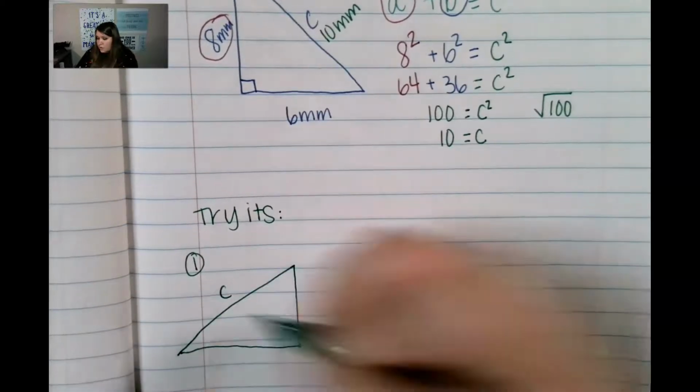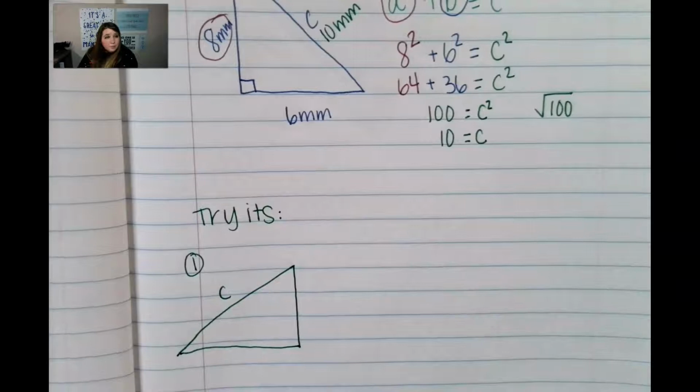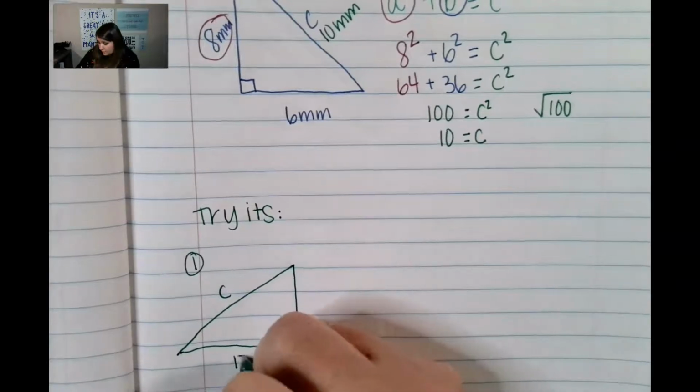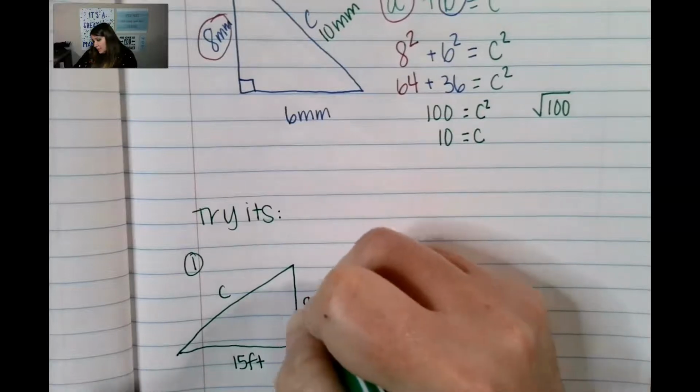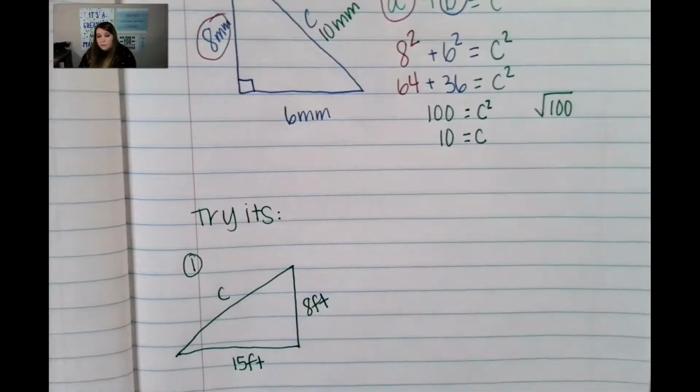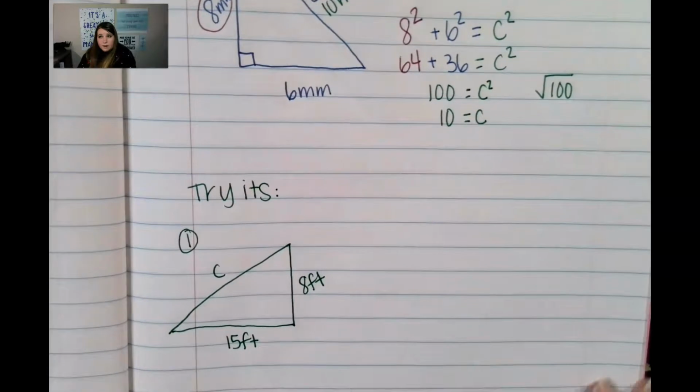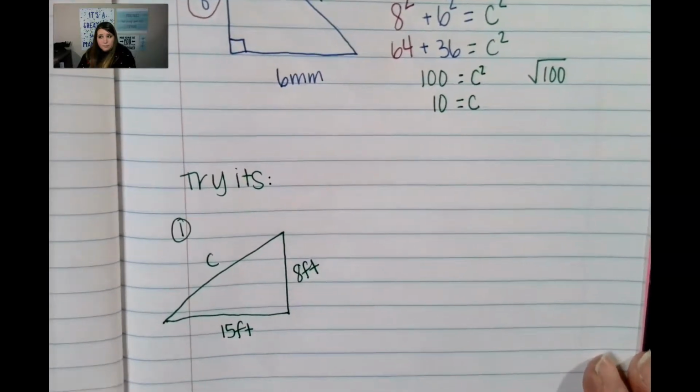All right, so you're looking for the hypotenuse right now, and it says 15 feet and 8 feet. Okay, so there's one right there.